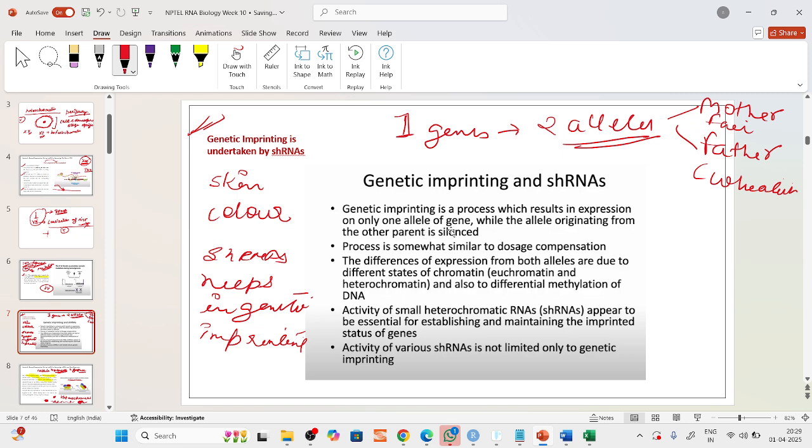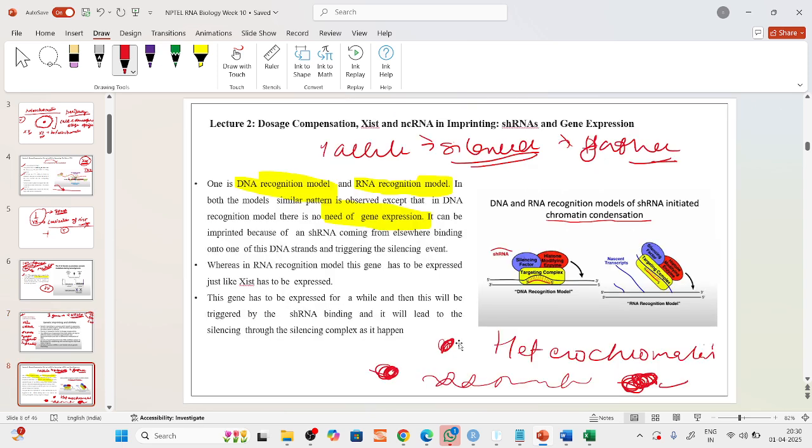And this process is similar to dosage compensation, and this takes place with the help of small heterochromatic RNA, which is known as shRNA. Okay. So how does shRNA function? There are two models, DNA recognition model and RNA recognition model. So basically shRNA causes the condensation of chromatin. And because of the condensation of chromatin, there is formation of heterochromatin structures. And then that particular gene is silenced.